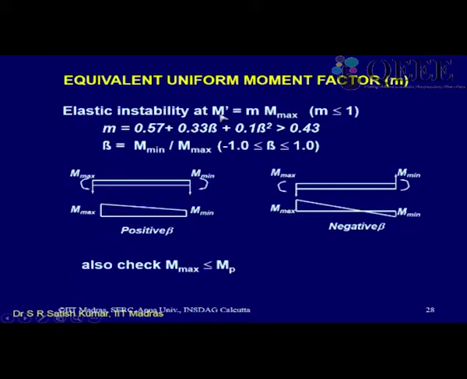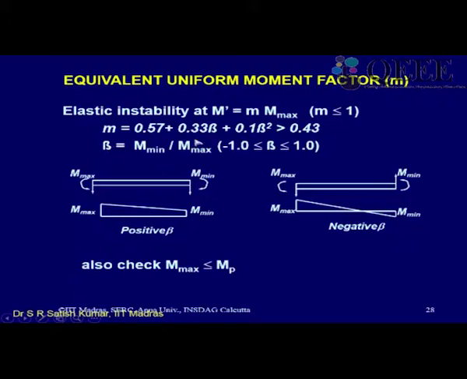As I said, the equivalent uniform moment for M critical is equal to small m times the maximum bending moment in the span of the beam, and this small m is a function of a factor called beta, where beta is the ratio of the minimum bending moment to the maximum bending moment. The code uses the Greek letter xi for this, so it doesn't matter. So xi is the ratio of the minimum bending moment to the maximum bending moment. So if my bending moment is varying like this, maximum here and minimum here, xi will be M minimum by M max.